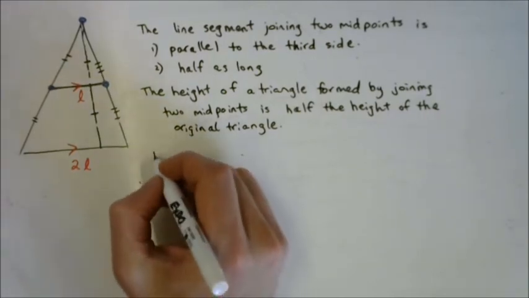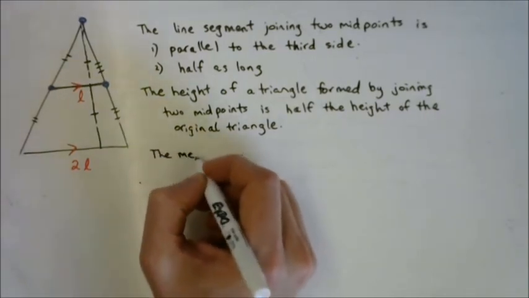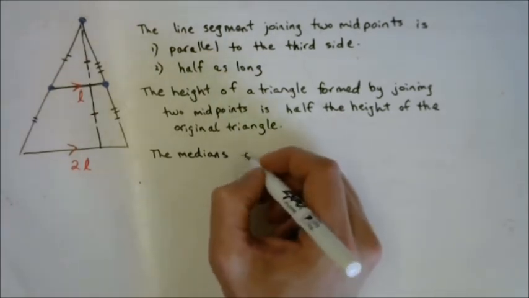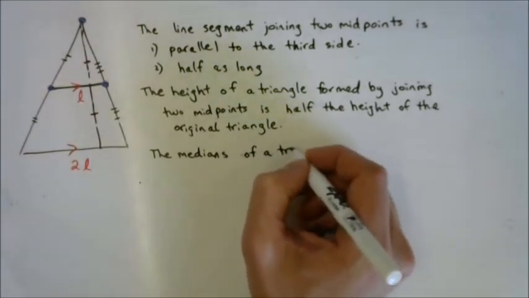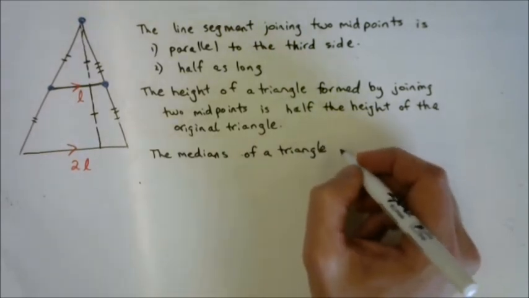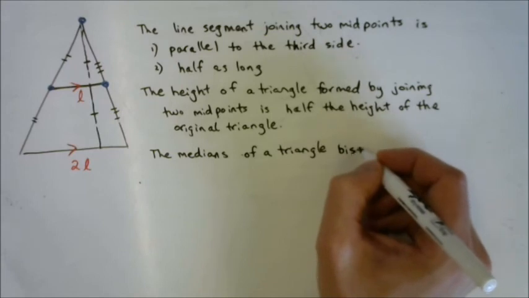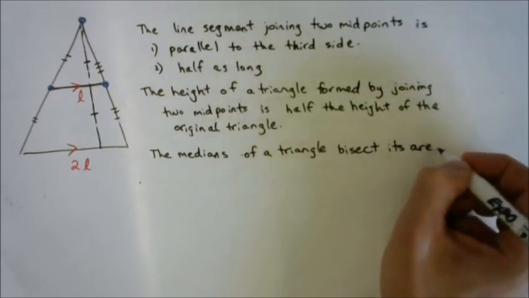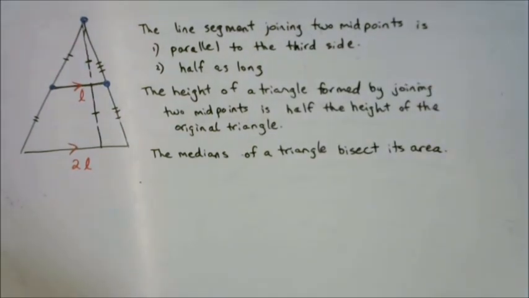Another thing that we learned, the medians, because there could be three, the medians of a triangle do what to the area? Special math word. Bisect its area. The medians of a triangle bisect its area.